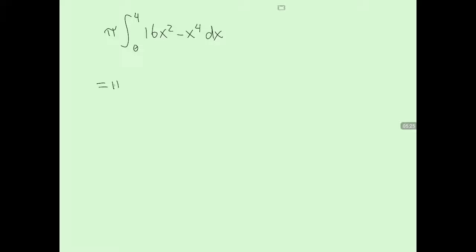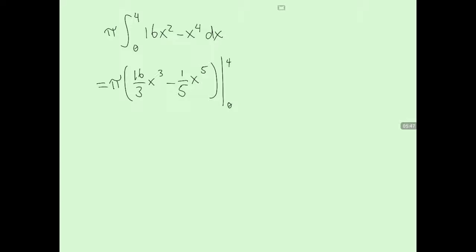So if we were to anti-differentiate, we would get 16 over 3 x cubed minus 1 over 5 x to the 5th. And we're going to take it with respect to x, and the bounds are 0 and 4.